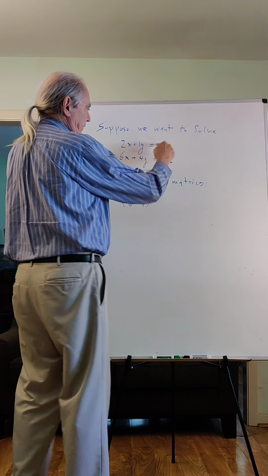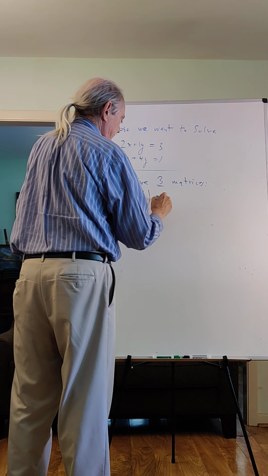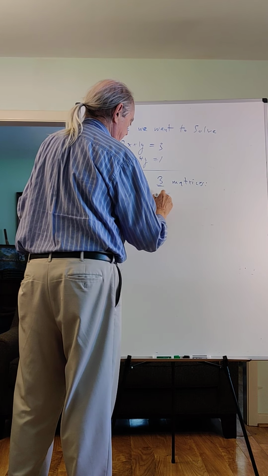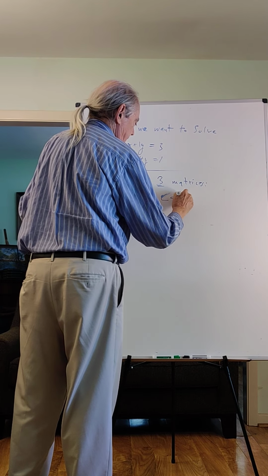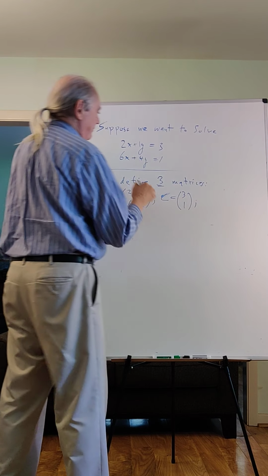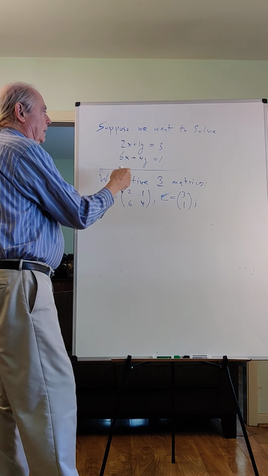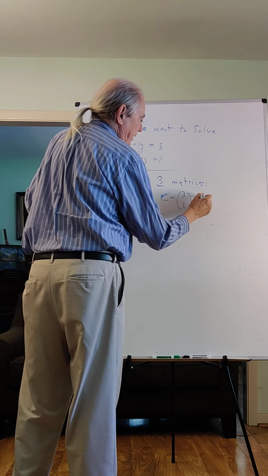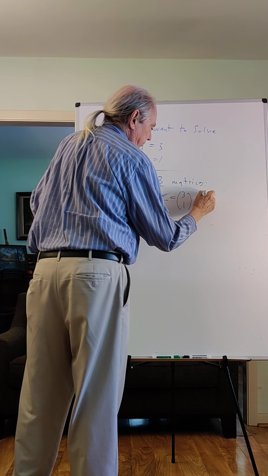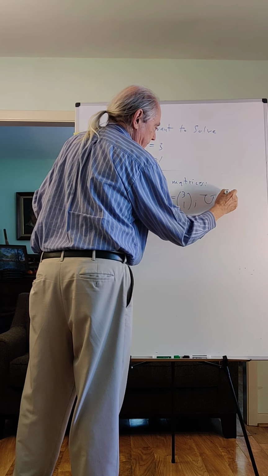We have the matrix of constants, 3, 1. And we have the matrix of unknowns. And we're going to write y underneath x rather than to the right of x.